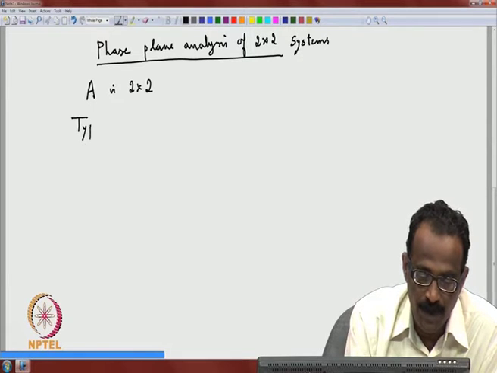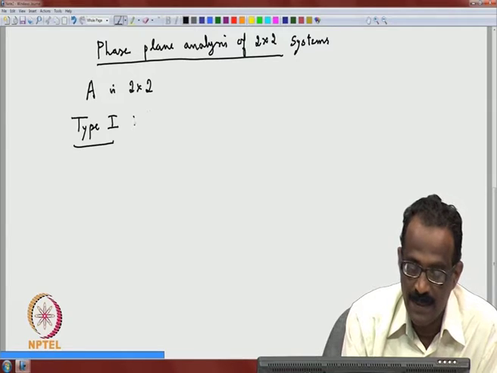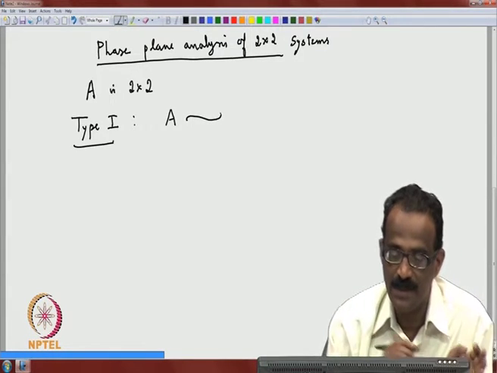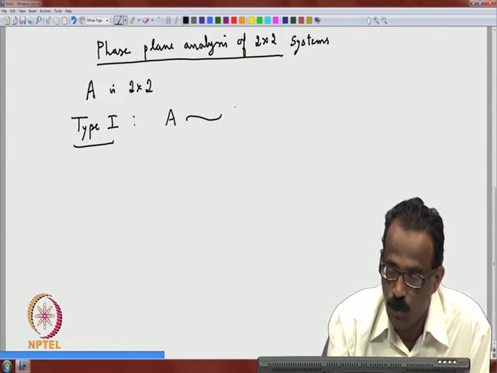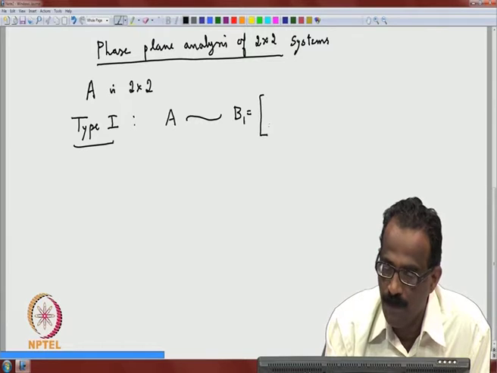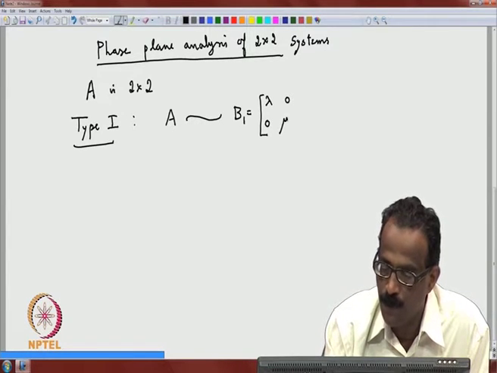So the type 1 we want to call it. Type 1: in this case A will be linearly equivalent to B1, where B1 is of the form lambda 0 0 mu.